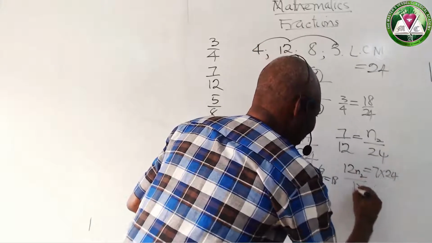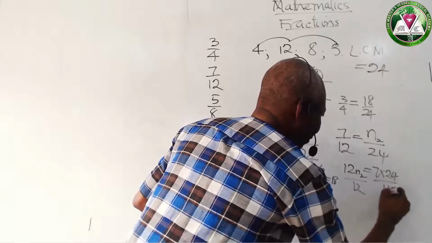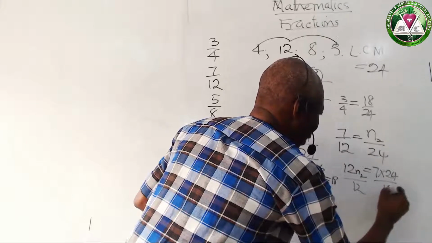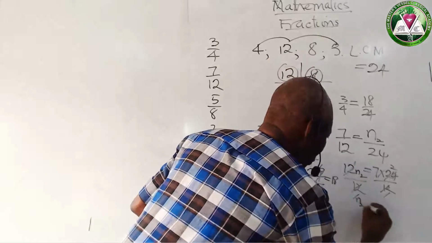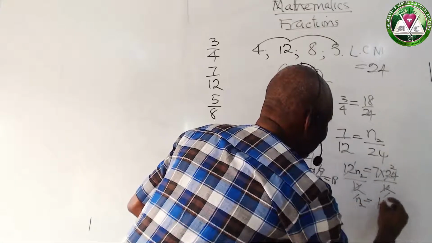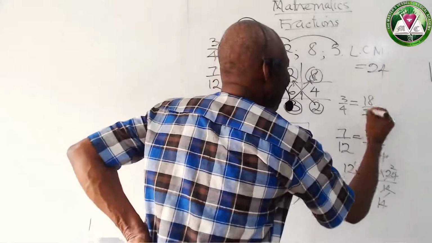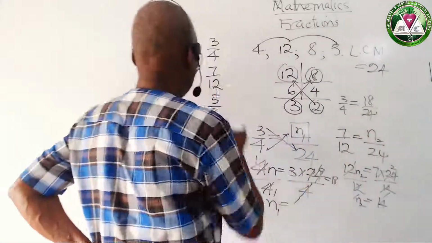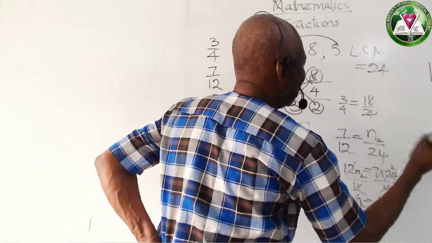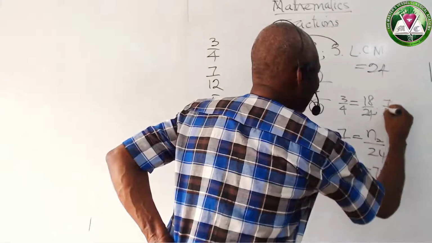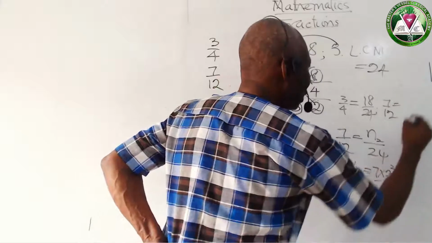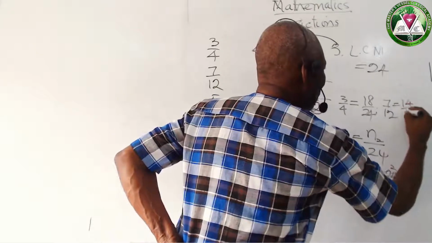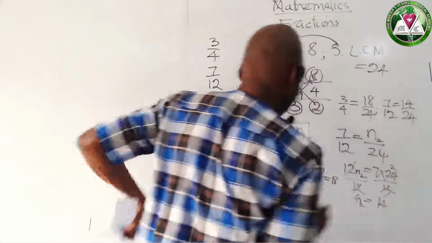Therefore, divide by 12, divide by 12. 12 here 1, 12 there 1. Therefore, n2 is equal to 14. So, for 7 over 12, the equivalent fraction now is 14 over 24.